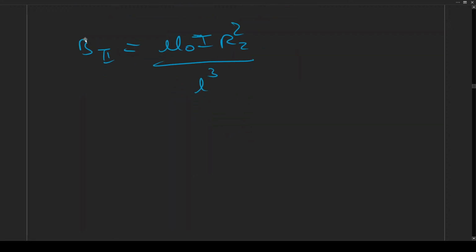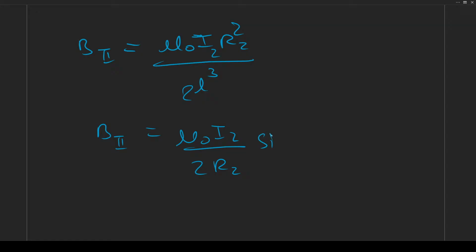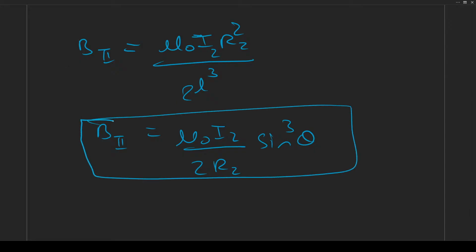Similarly, we can write B2 as mu naught I2 by 2R2 times sine cube theta, and we know both are equal.